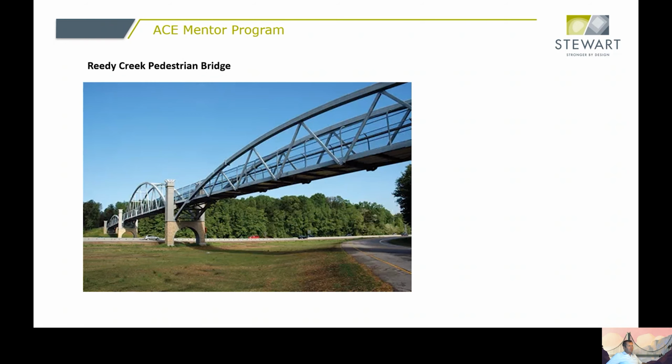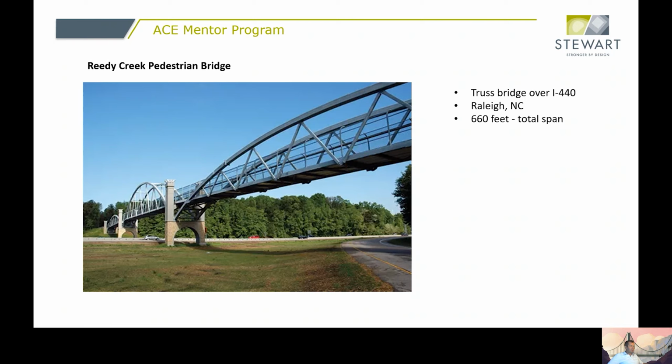So the next bridge is the Reedy Creek Pedestrian Bridge, which is located in Raleigh. It's a truss bridge that crosses over I-440, the Beltline. On the far side of the picture here, that goes over to the grounds of the Art Museum. And in the foreground, that crosses over towards Meredith College. So the total length of this bridge is about 660 feet.